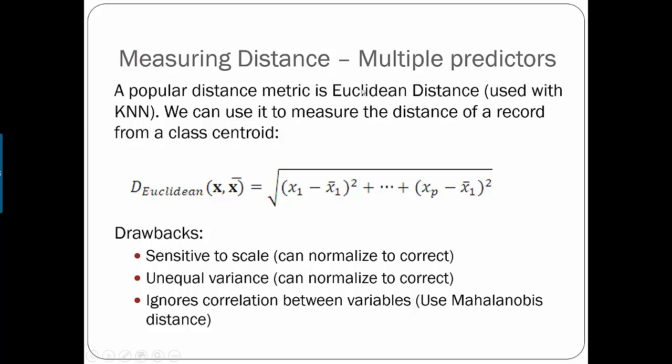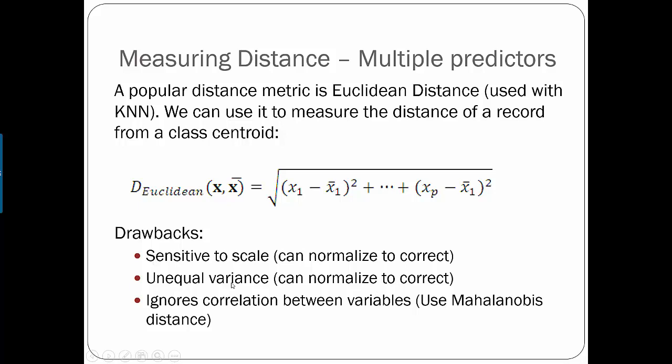And of course, for the Euclidean distance not to be overwhelmed by predictors with really, really large values, you must normalize them. Since the distance measure is sensitive to scale, and you don't want any particular predictor to overwhelm the value of the Euclidean distance, you do normalize.